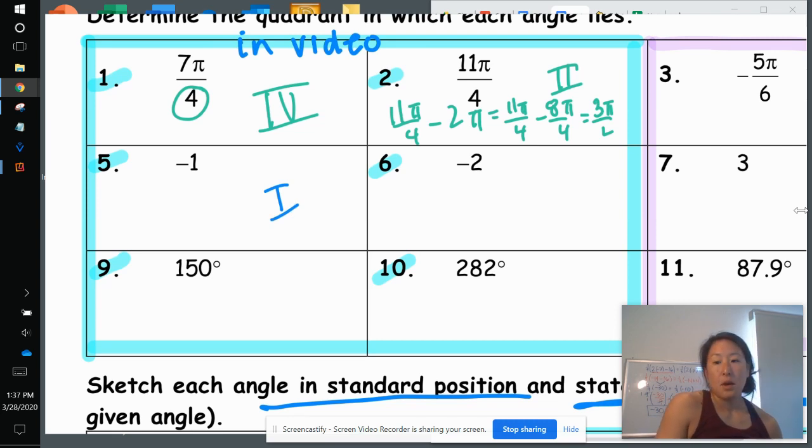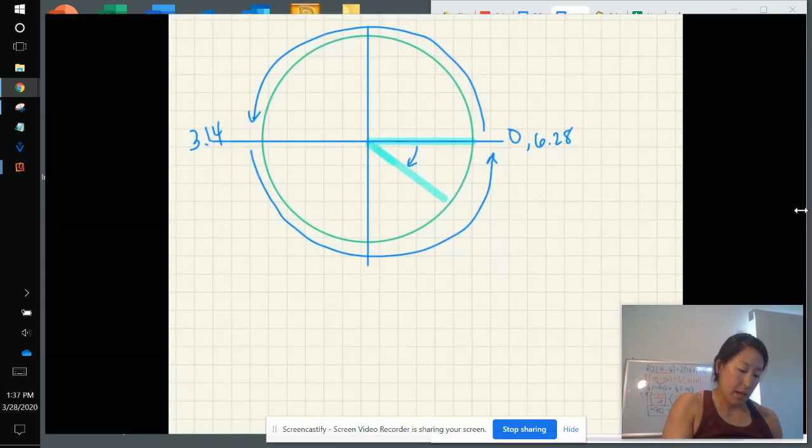Okay, where is -2 radians? Okay, if I know that from 0 to 3.14 is from 0 to 180 basically. So what is this? 3.14 divided by 2, which is 1.57.